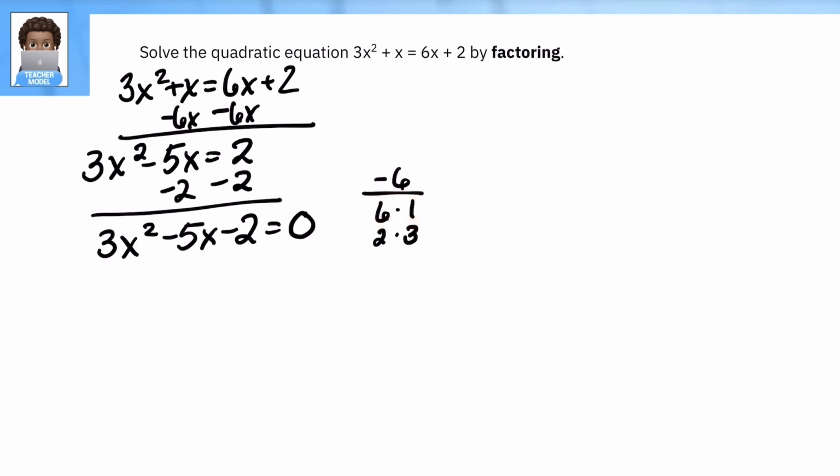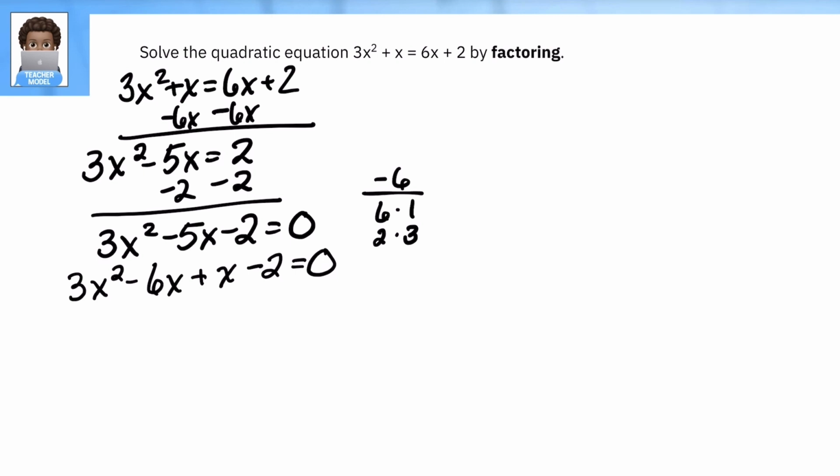So I'm going to use negative 6 and positive 1. So now I have 3x squared minus 6x plus 1x, so I'm just going to write x, minus 2 is equal to 0.